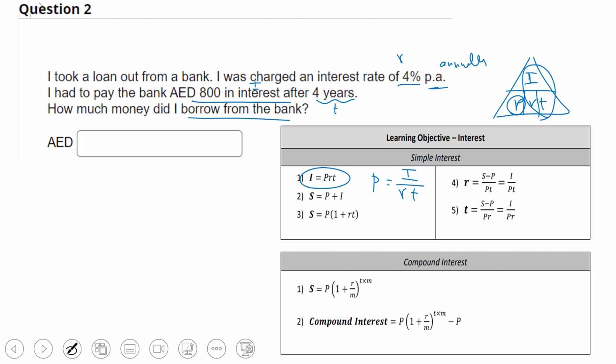Now I'm given I, so I is 800 over R, which is 4%, times T. T is how many years? 4 years. So you get, by calculator, you should have 5,000, right?